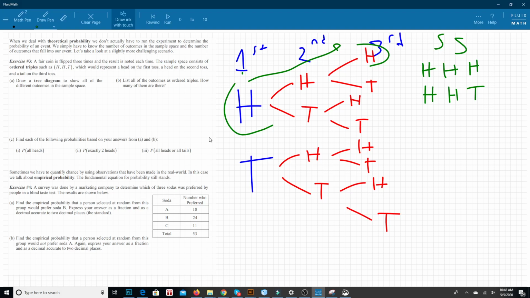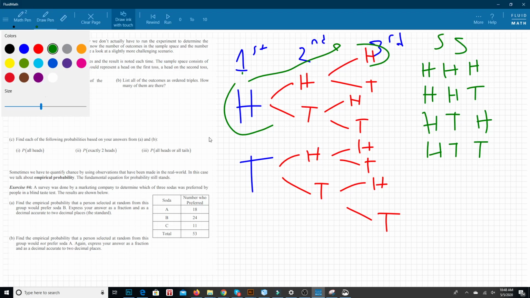Then in the next attempt, it would be heads, tail, heads, then heads, tail, tail, right? That's if we start off initially with the head. If you just follow the path of what I'm doing right here, I'm trying to make it light blue.